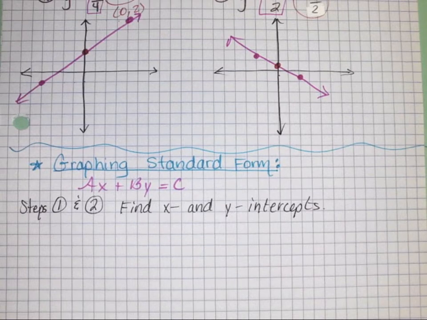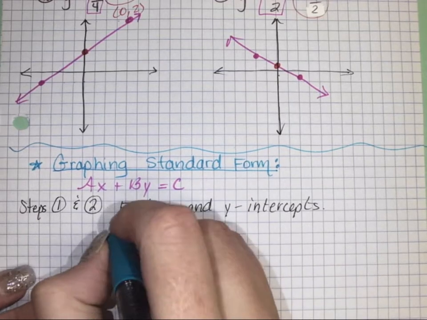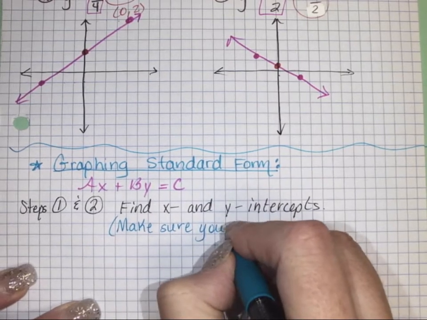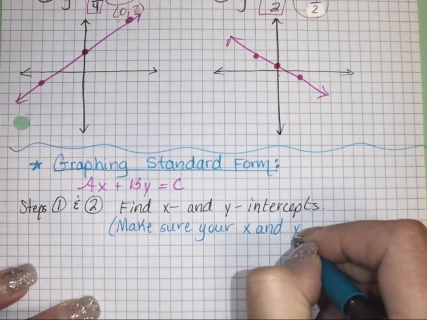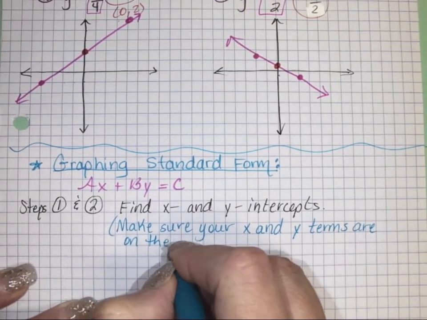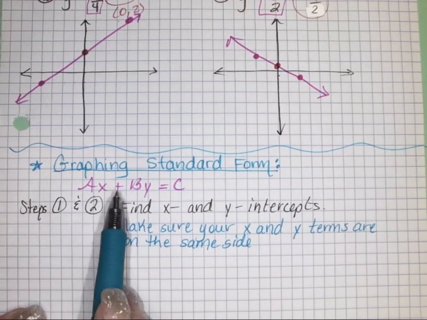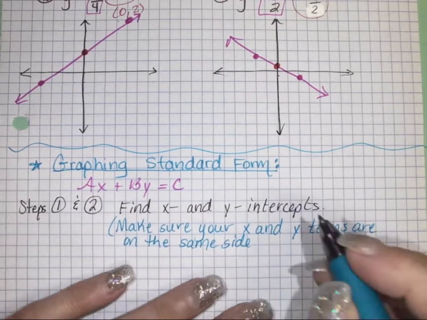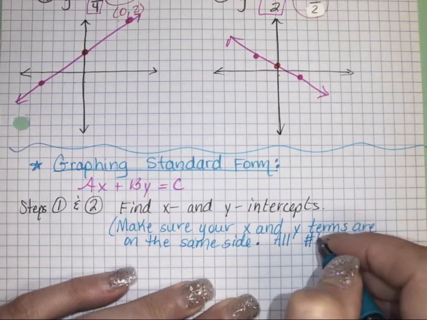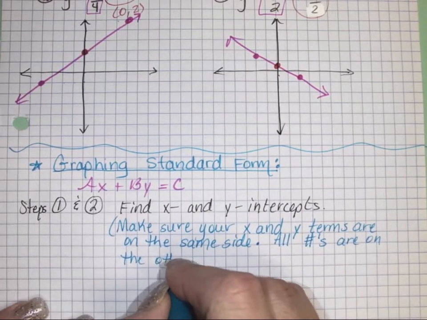You do have to make sure your x and y terms are on the same side of the equal sign. So make sure x and y are on the same side, and they are in this case. All numbers are constants, and that's what C stands for, on the other side.